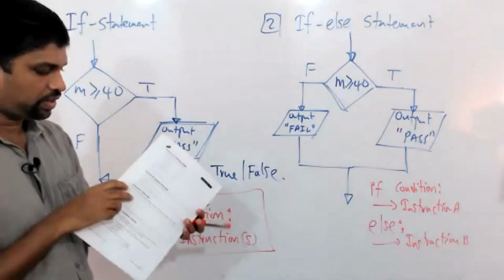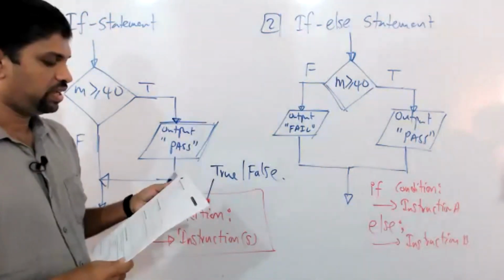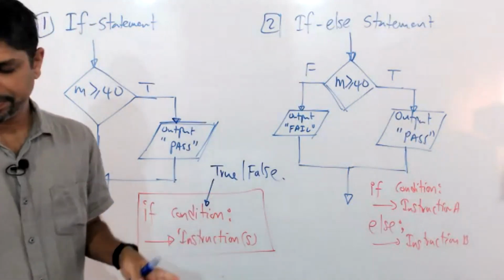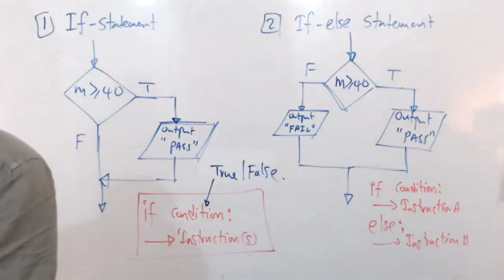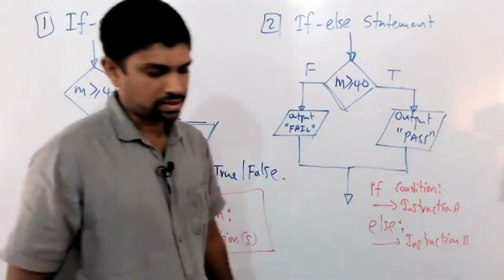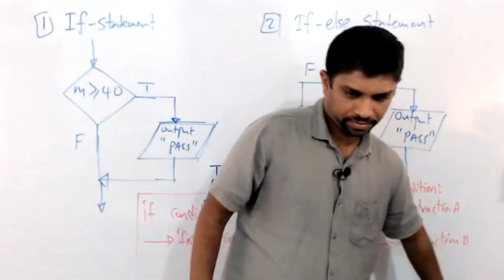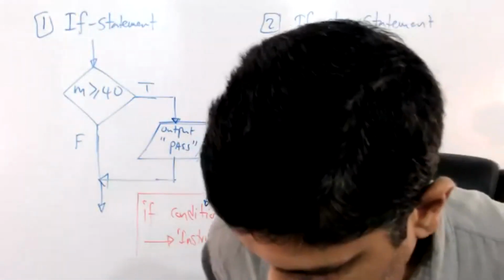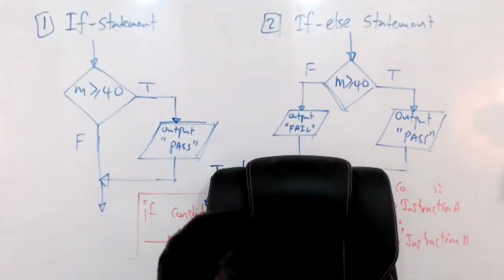Okay, then we are moving to the if else ladder. It is exercise number 3. If else ladder.